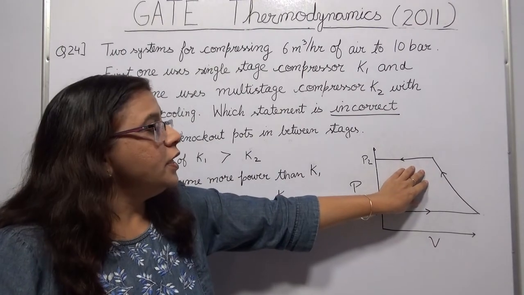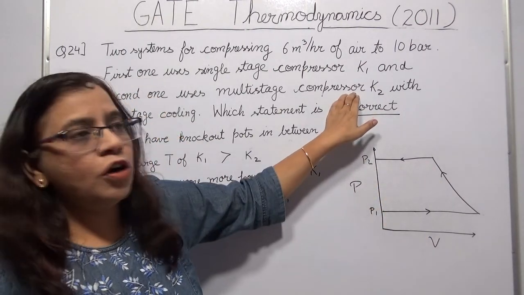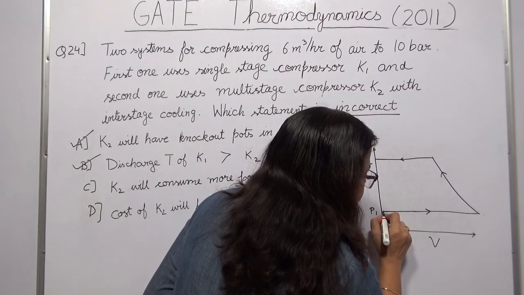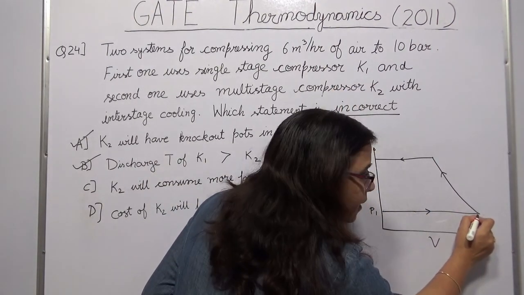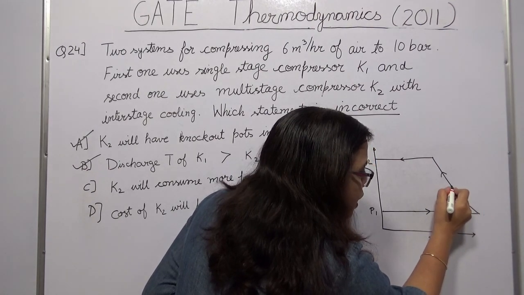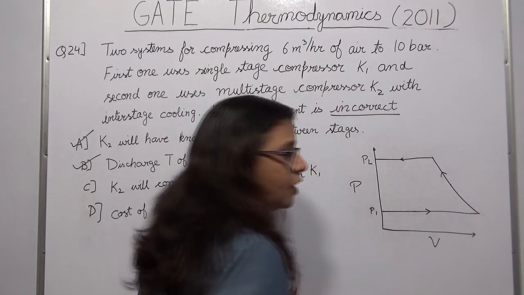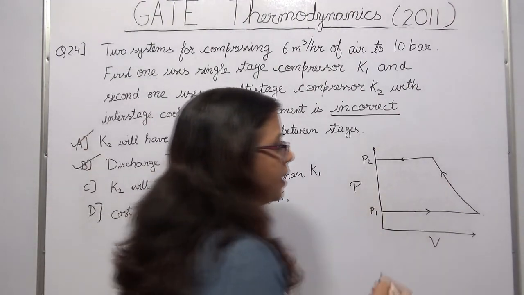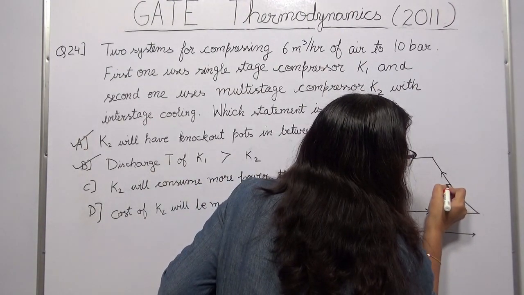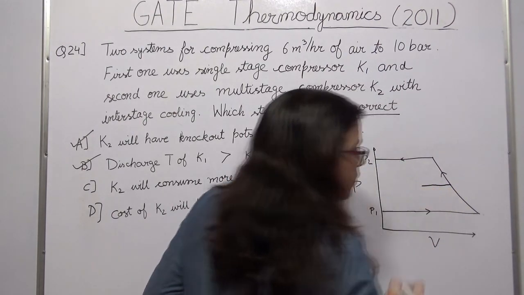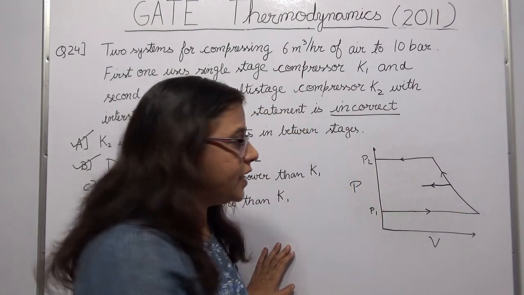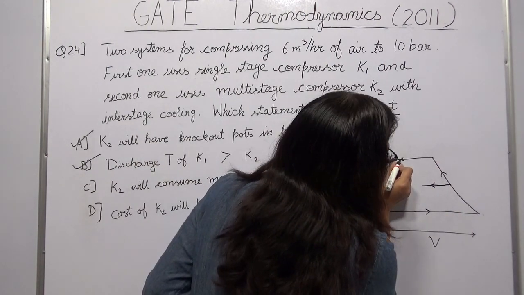Now let's see the case of the multi-stage compressor. Here let's say that the first compressor has taken in air. Now it is compressing up to some point. When the compression has reached, let's say, the intermediate stage, then we provide cooling at constant pressure, and then after cooling we send it to the second stage for further compression to P2.